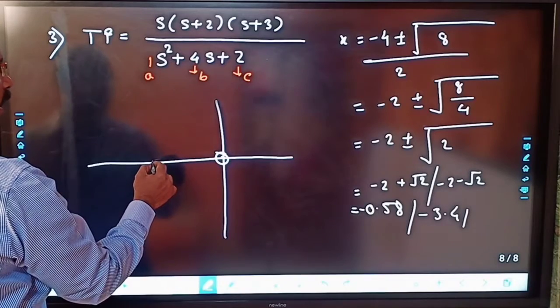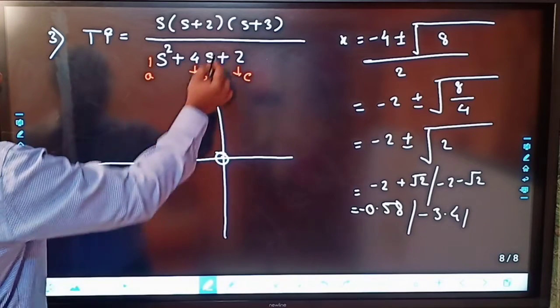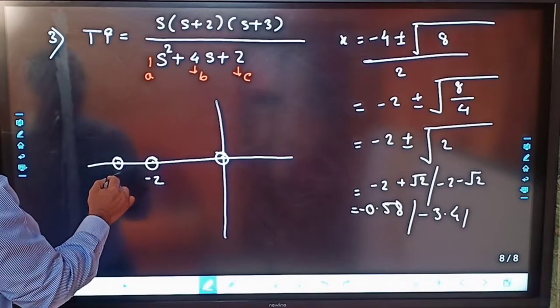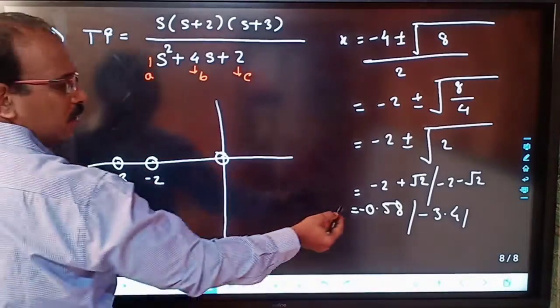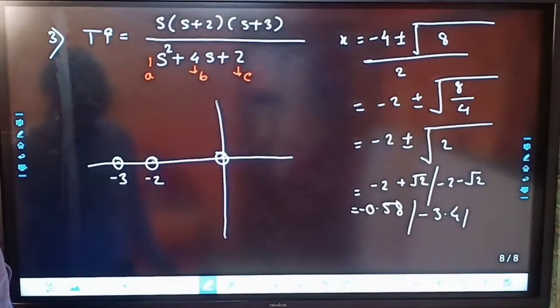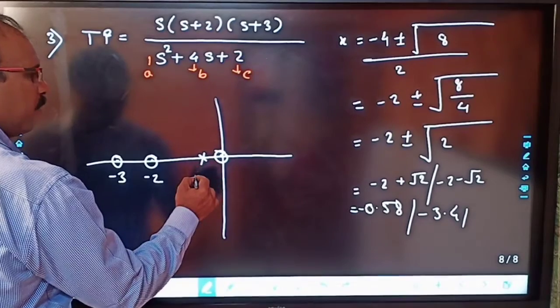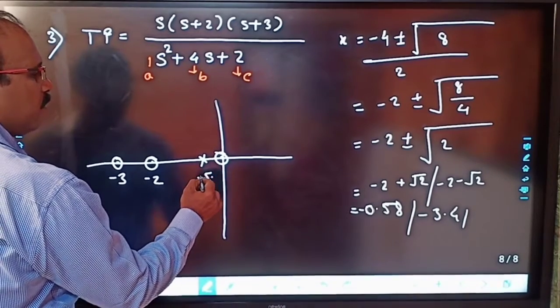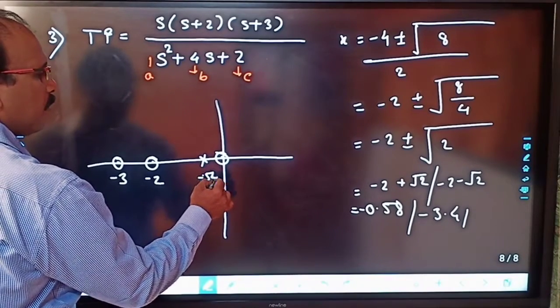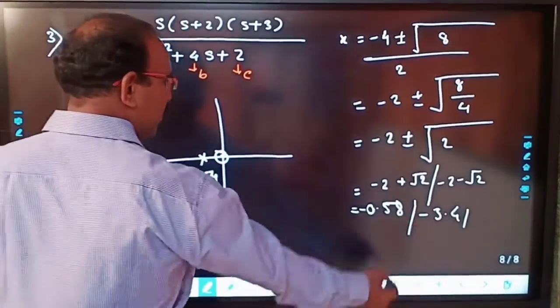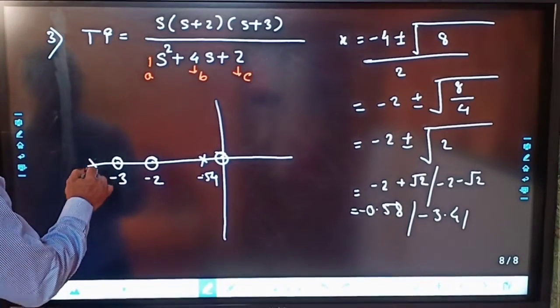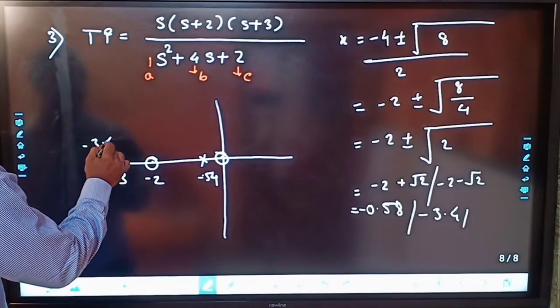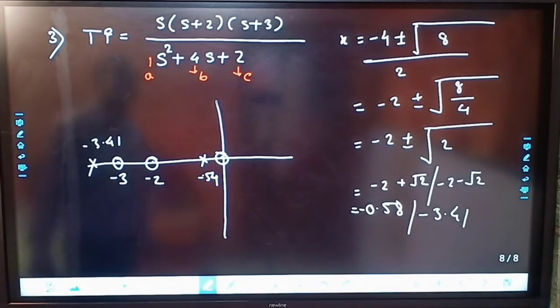Second, at -2. Okay, and at -3. Poles at minus 0.54 somewhere here, and minus 3.41 somewhere here. Okay, so this is what we can say is the presentation.